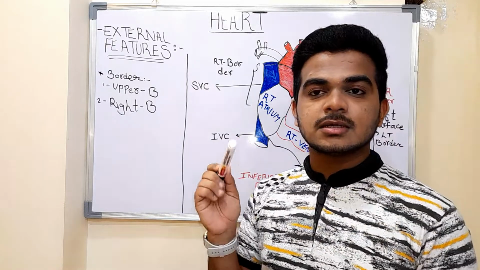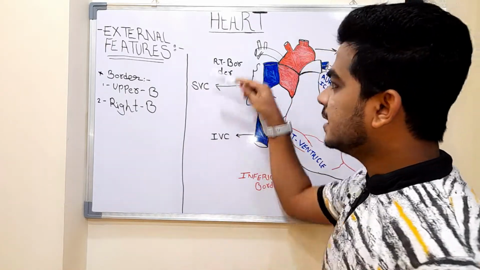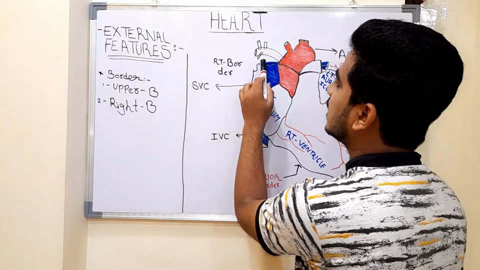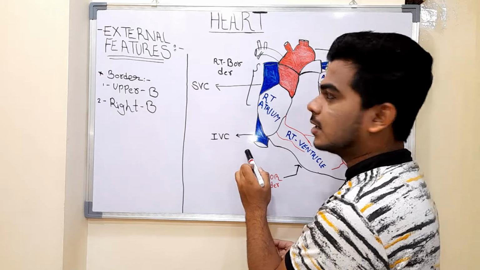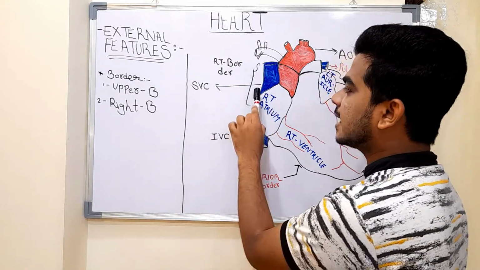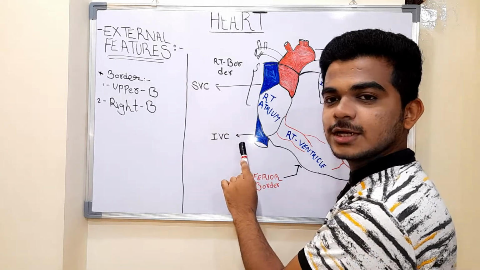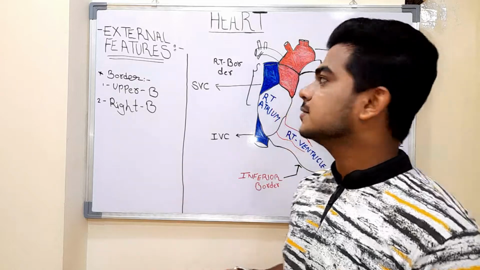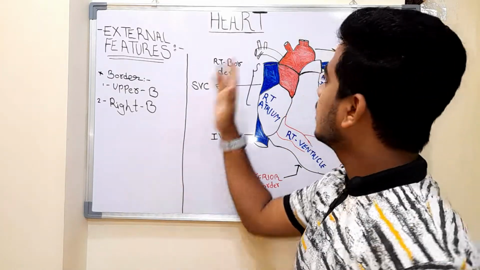So you can also write in the examination that the right border is formed from the superior vena cava to the inferior vena cava, containing the superior vena cava, right atrium and inferior vena cava. These three structures together form the right border of the heart.